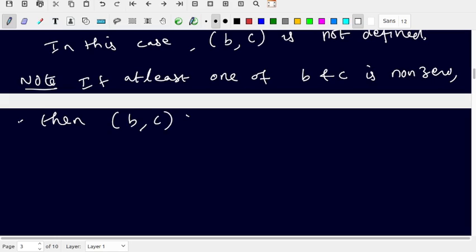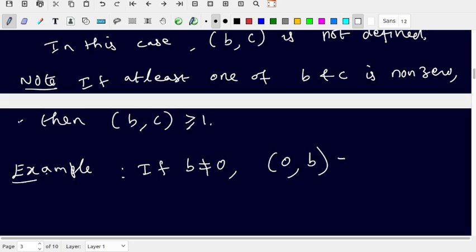Now we will write the GCD of some specific pairs of numbers. Example: if b is non-zero, what is the GCD of b and 0?